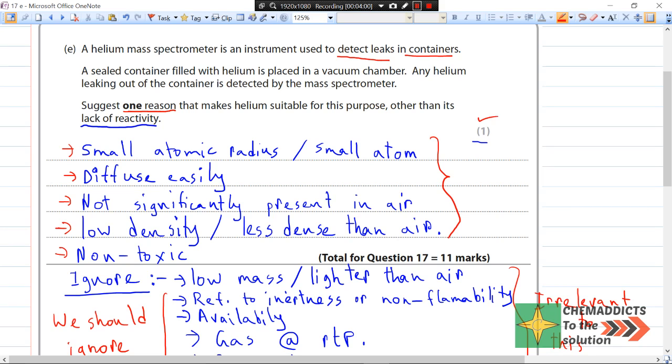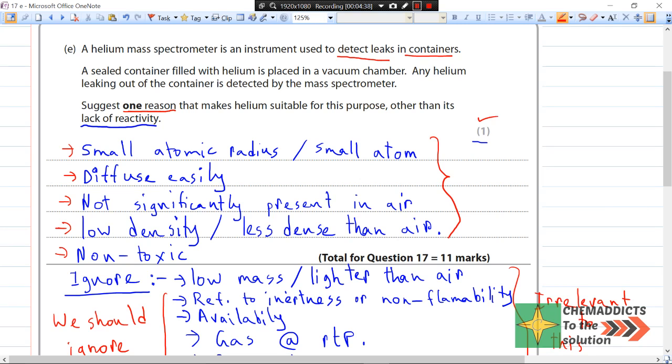That's because helium is the smallest atom, so if there is any leak, it can escape the container through the leak easily.